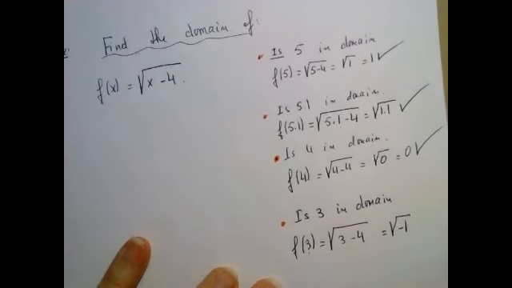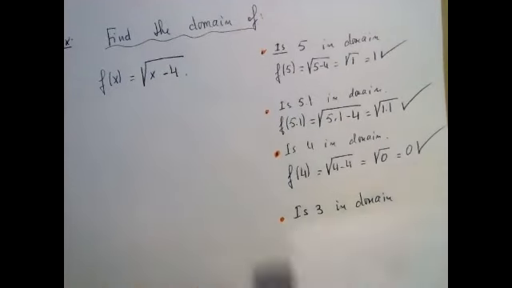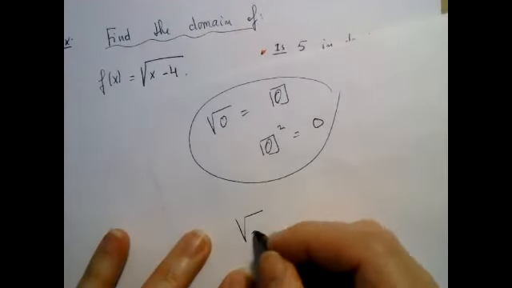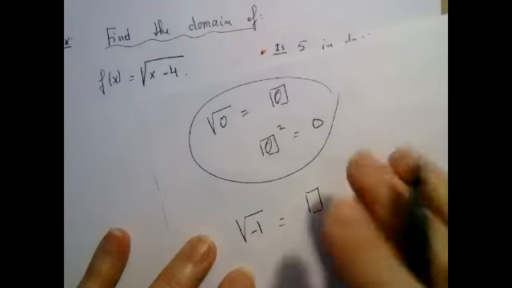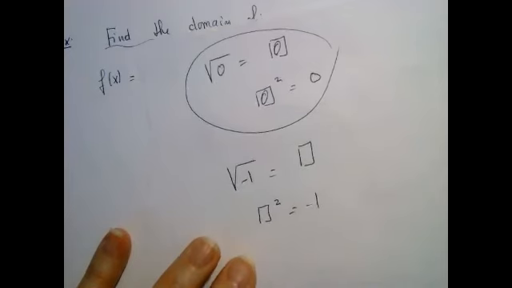That's the square root of -1. Is there a number that when you square it, you get -1? That's what the square root is. The definition is a number that, when you take it to the power 2, you get -1.